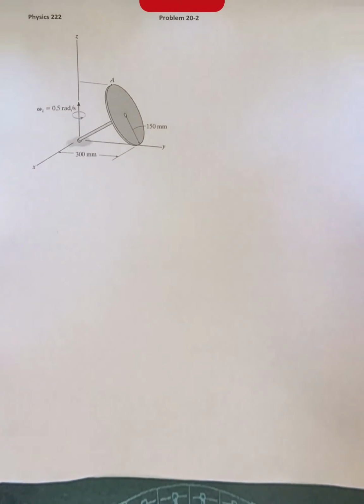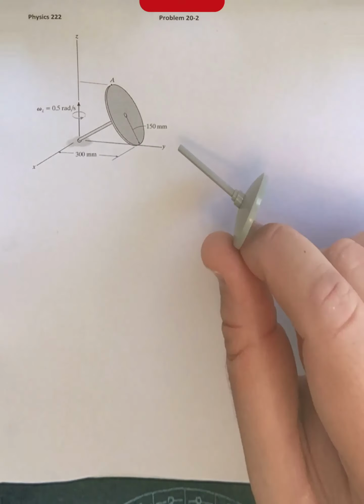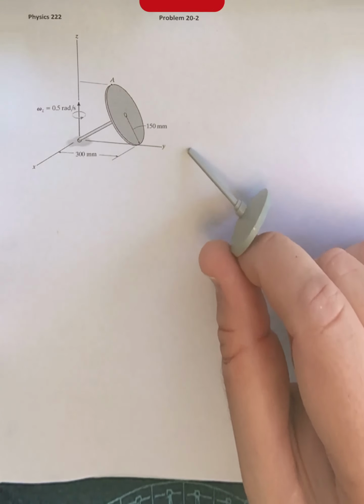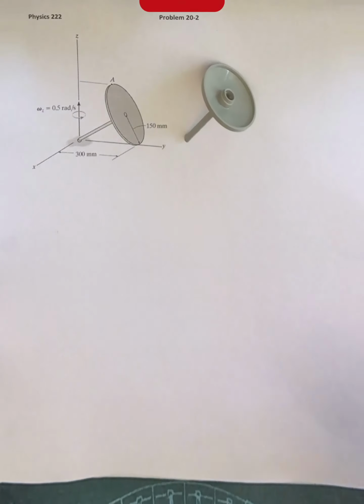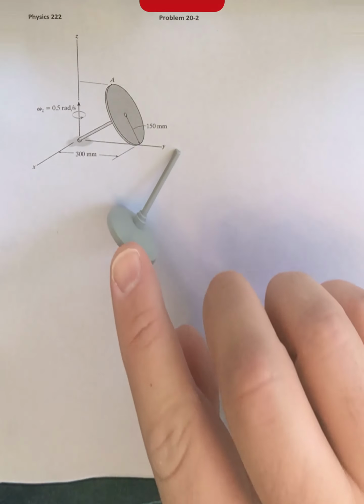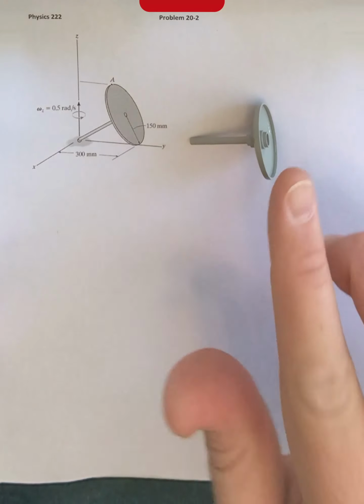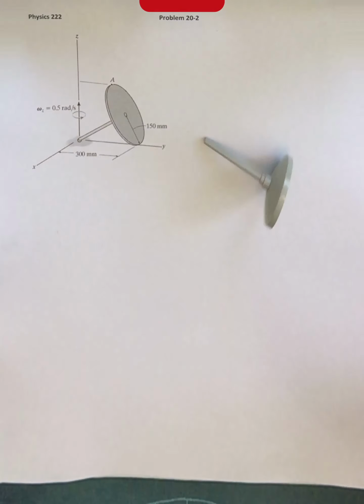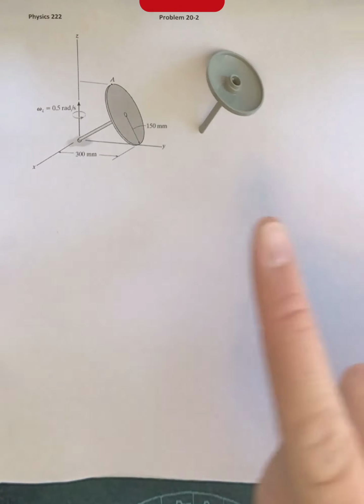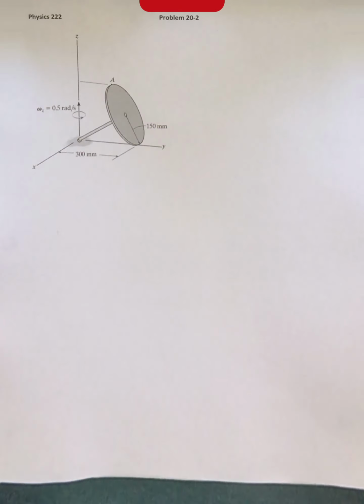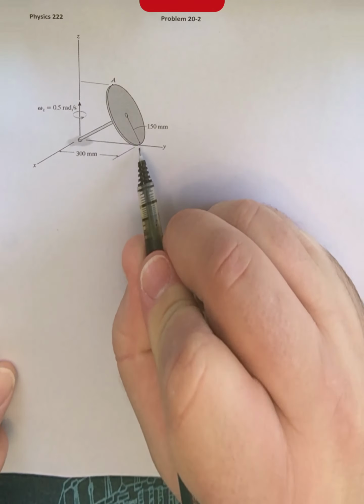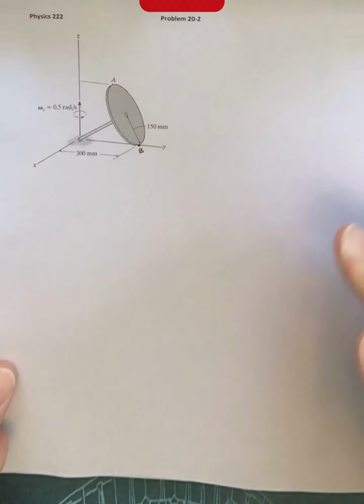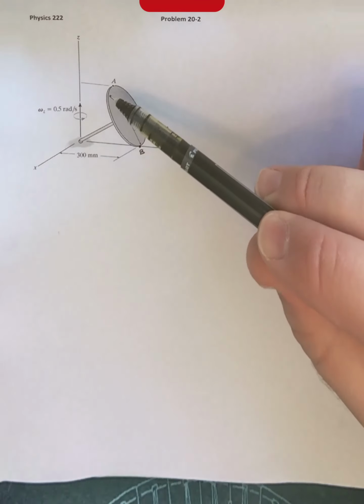Imagine something like a thumbtack, or some of my son's Legos, where an object is both rotating about a given axis and seemingly rotating about a given point. It is rolling without slipping about this point of contact, and we want to find the acceleration and velocity of this point A.